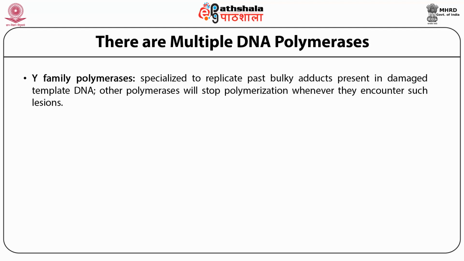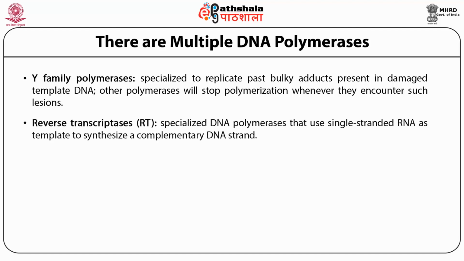Other polymerases will stop polymerization whenever they encounter such lesions, but Y family of polymerases are designed to not do so. Reverse transcriptases, they are specialized DNA polymerases that use single-stranded RNA as a template to synthesize a complementary DNA strand.